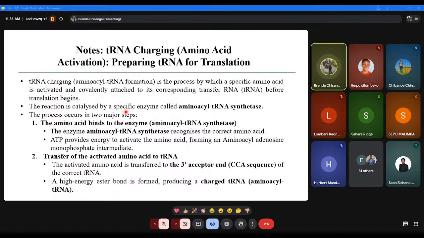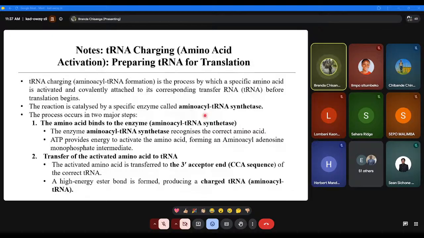So the first thing that happens is that an enzyme that is referred to as amino acyl tRNA synthetase is going to bind the amino acid. This binding of the amino acid is guided by what is presenting on the codon of the mRNA. Remember, I told you, for there to be complementary base pairing between the tRNA and the mRNA, the anticodon-codon must match.